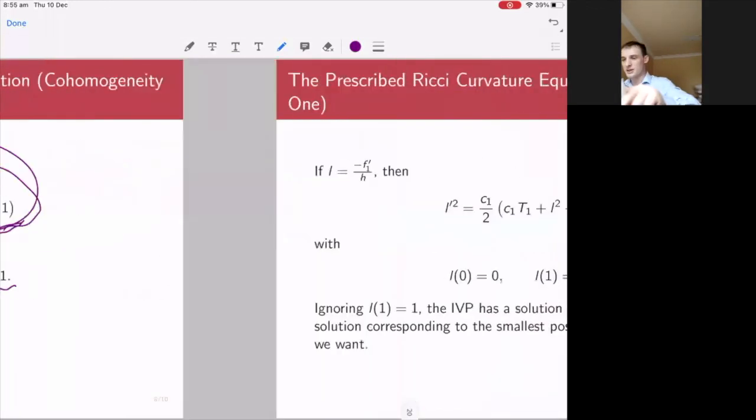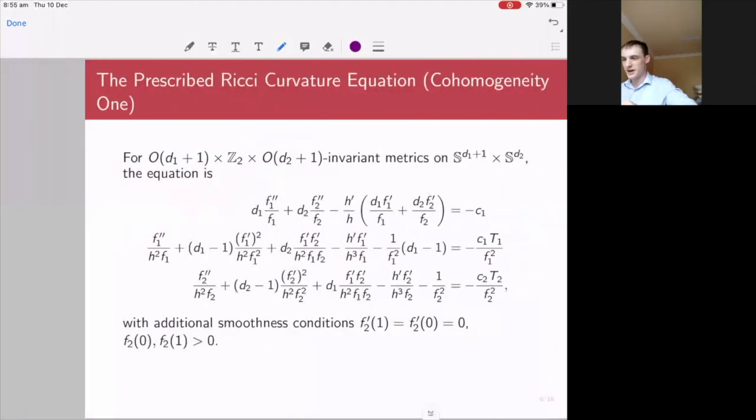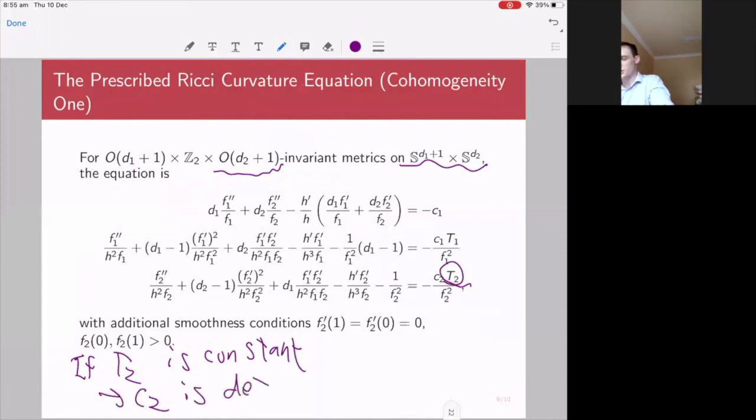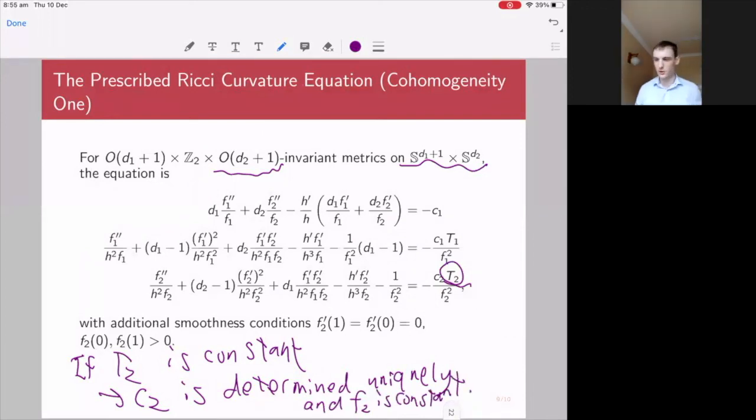However, in the special case that I described, where T2 is constant, then as we saw, C2 is determined uniquely, and F2 is constant. So from these equations, if T2 happens to be constant, then C2 is determined and F2 is constant.